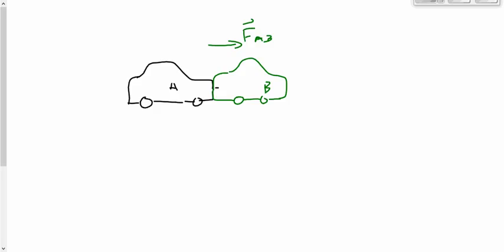Well, because whatever force acts between the wheels and the ground that's propelling car A forward is not overcome by the force that B pushes back on A. So if B pushes back on A with a force bigger than the force of friction between the ground and car A, then it wouldn't keep going. Then it would slow down and stop. But as long as the force of friction between the ground and car A is bigger than the force of B pushing back on A, it's going to keep going.